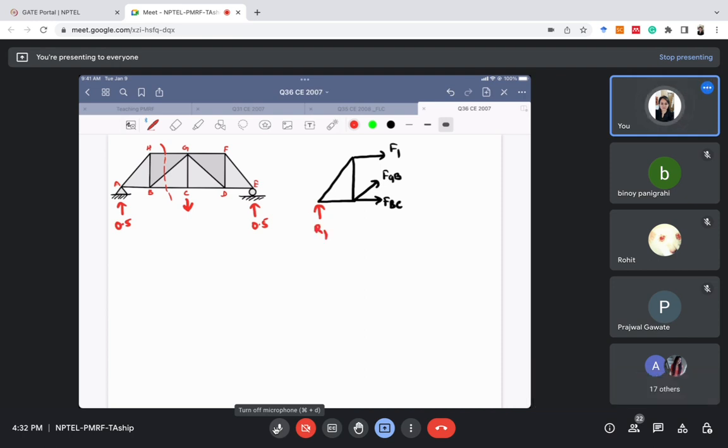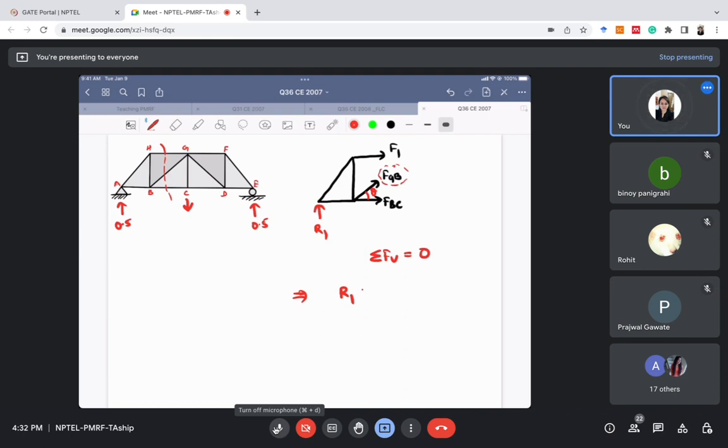Next thing is, summation of force in vertical direction to be 0. So what are all the forces in vertical direction? We have R1, which is upward, so I'm taking it as positive. What other thing? We have FGB as well. Let's call the angle theta. The sine component of FGB is also in the vertical direction. Other than that, no other force is in vertical direction.